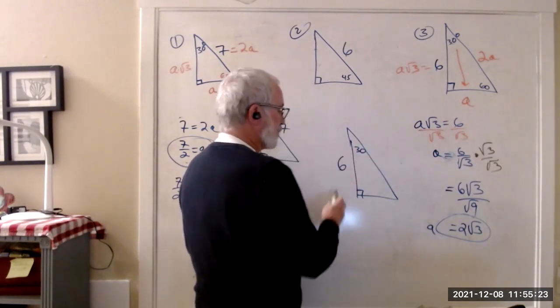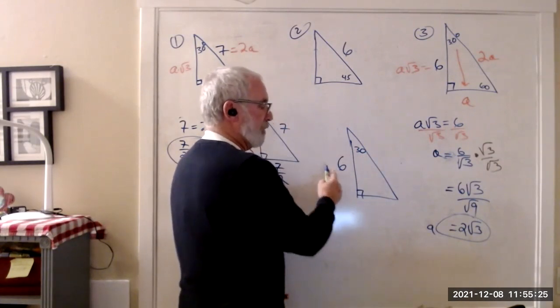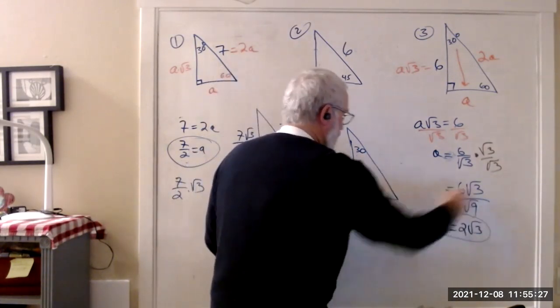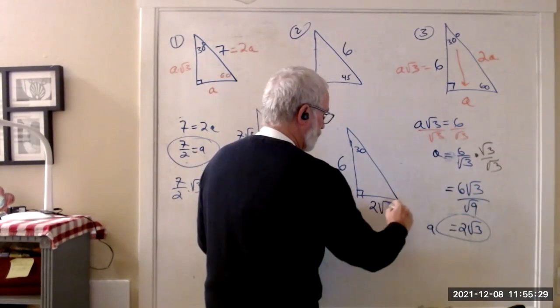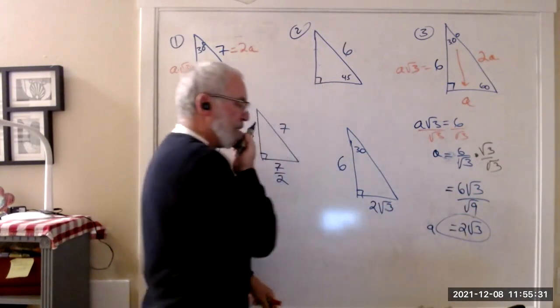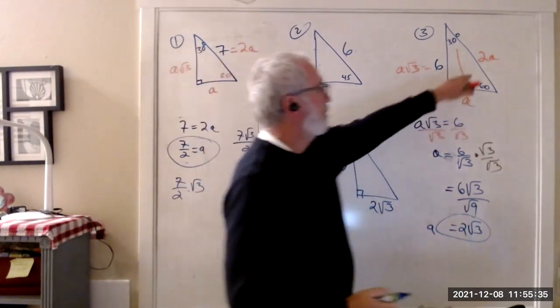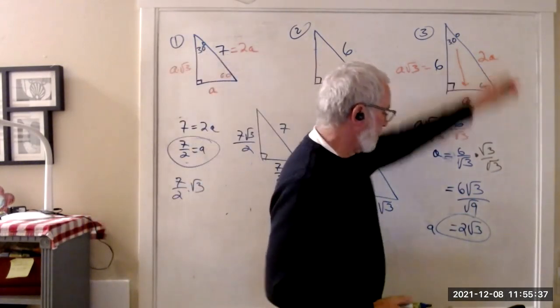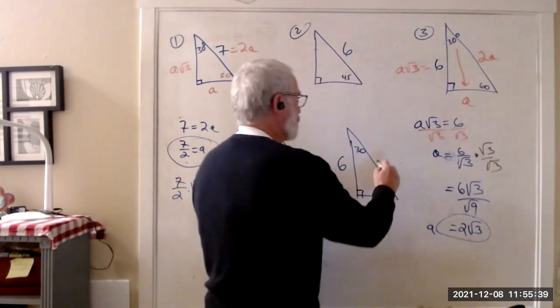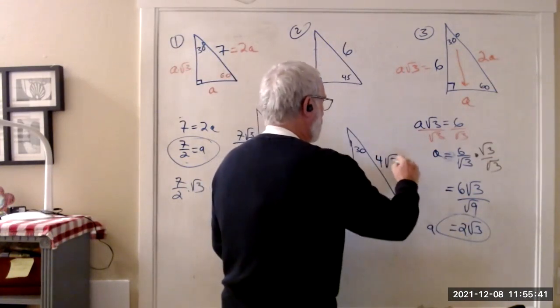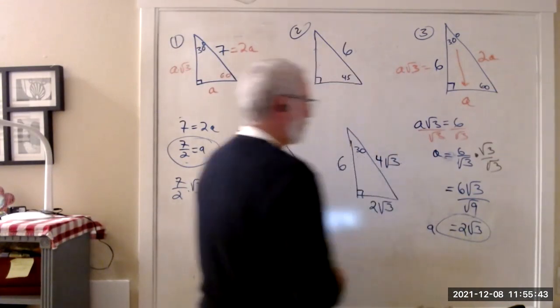This was 6. And we just figured out after cleaning all this up, this is 2 times the square root of 3. And the hypotenuse will be 2 times A. So if we multiply this by 2, it'll be 4 times the square root of 3.